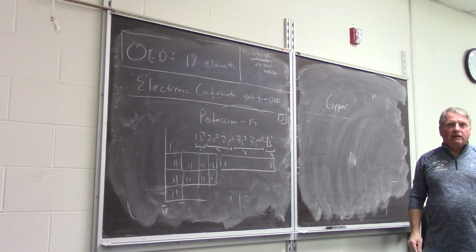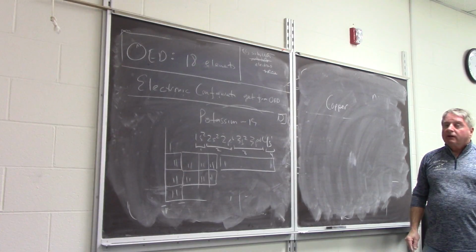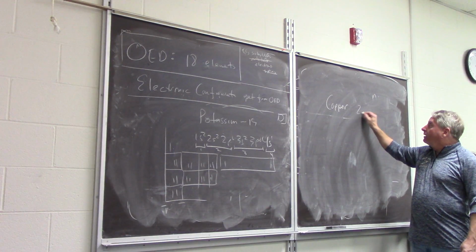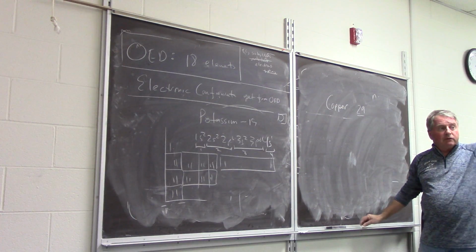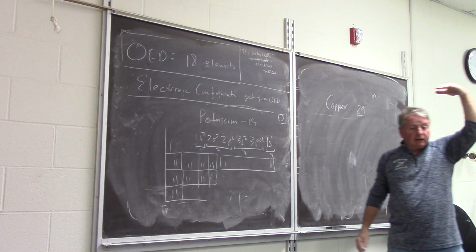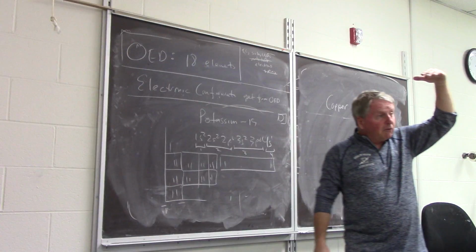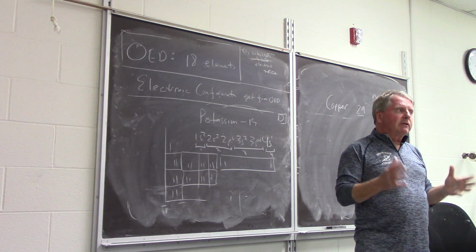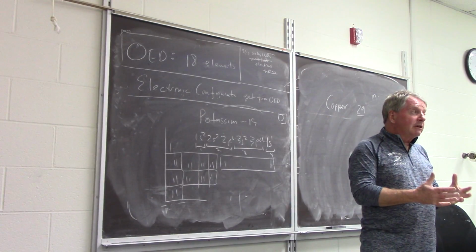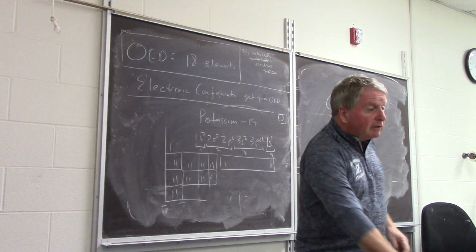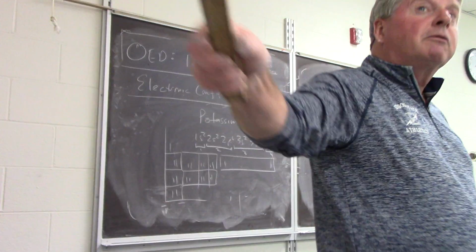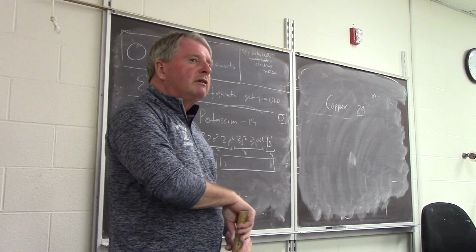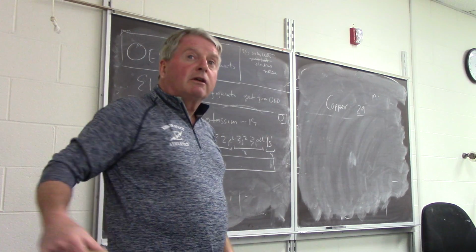So copper has 29 electrons. It's the number on top, the number of protons. Now what we have here is something we have to think about a little bit. What did I tell you about these guys here? What neighborhood are those? D's. Because they have 10.